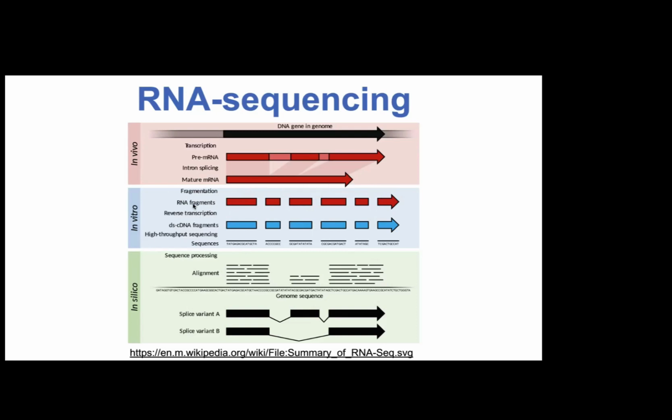Then you do reverse transcription. You basically want to build a cDNA library so it's more stable, and then you get your DNA fragments, and you want to multiply those.